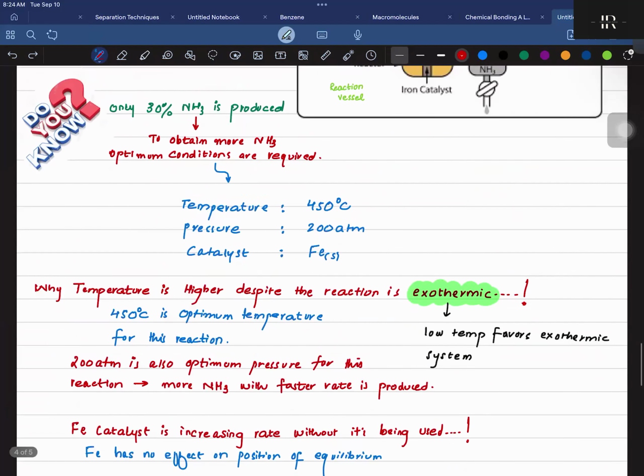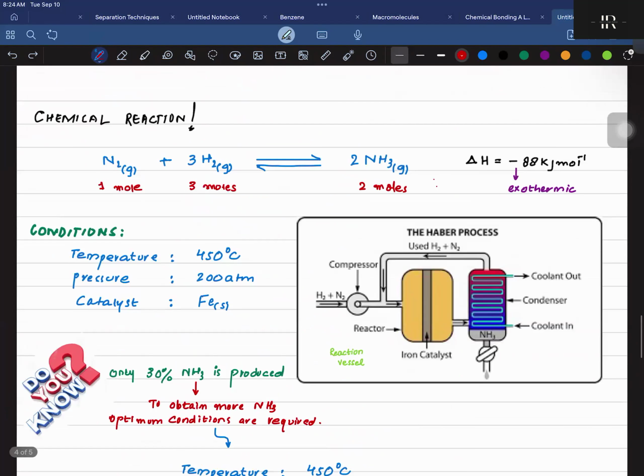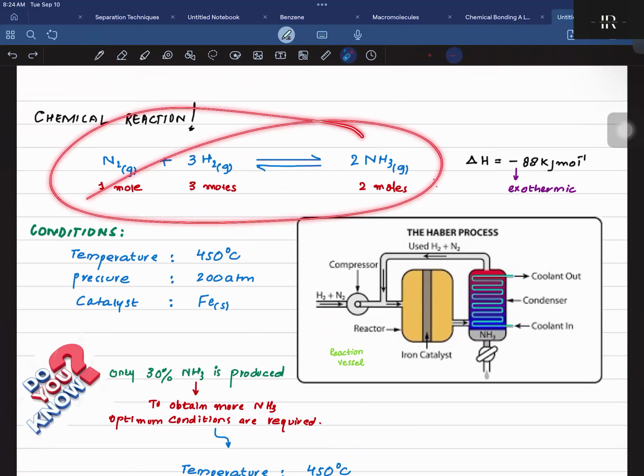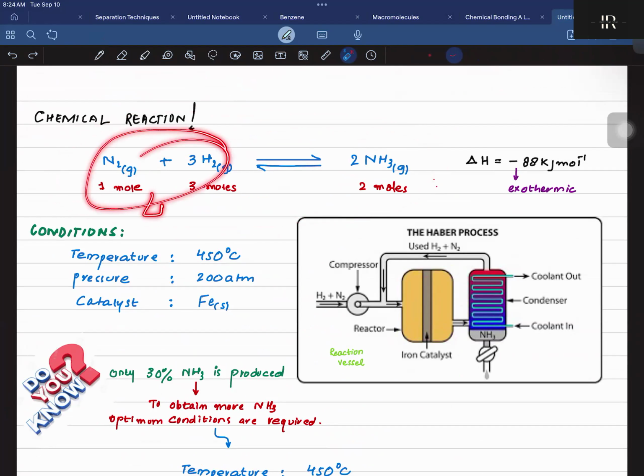As you can see in the reaction, we have 4 moles of reactants and 2 moles of product. We have decided that if you have such a system in which you have more moles of reactant and fewer moles of product, after increasing the pressure the reaction moves in the forward direction.